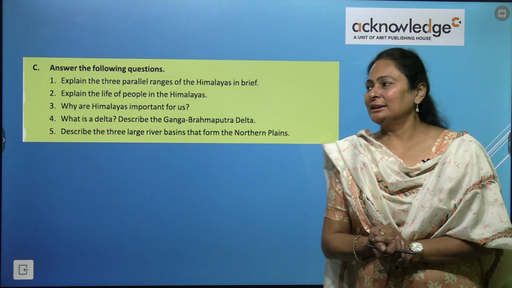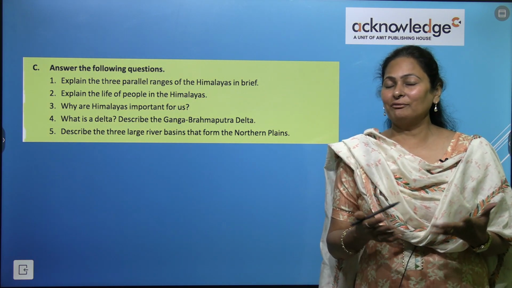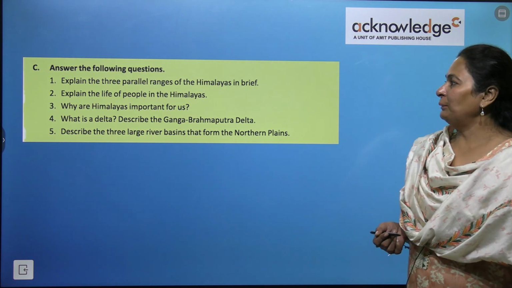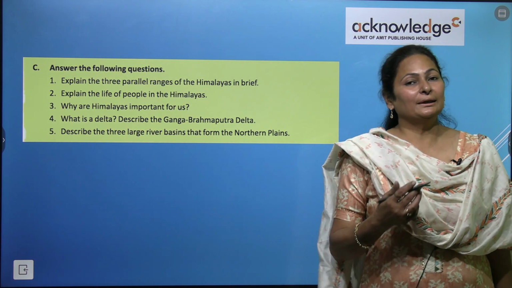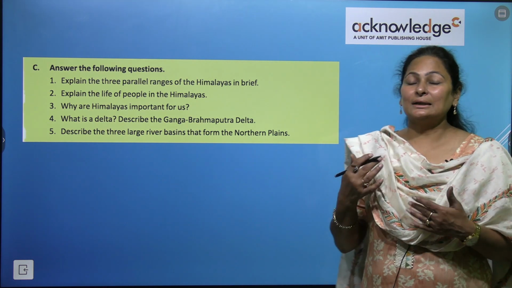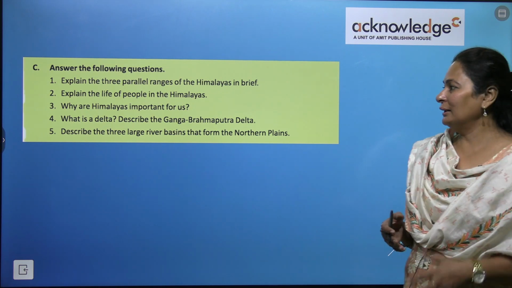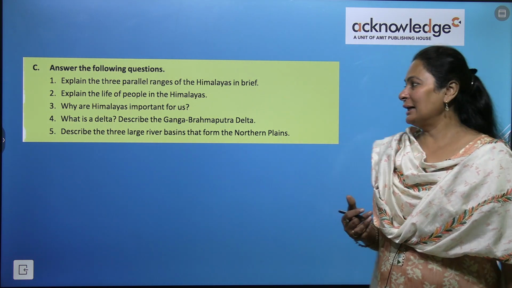Again, the question answer session. Explain the three parallel ranges of the Himalayas in brief. We have discussed. Explain the life of the people in Himalayas. We have learned. Why are Himalayas important for us? We have also learned the importance of Himalayas. What is delta?